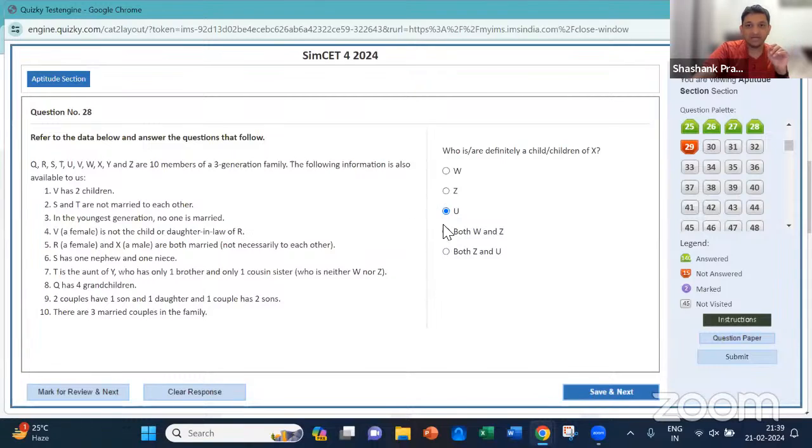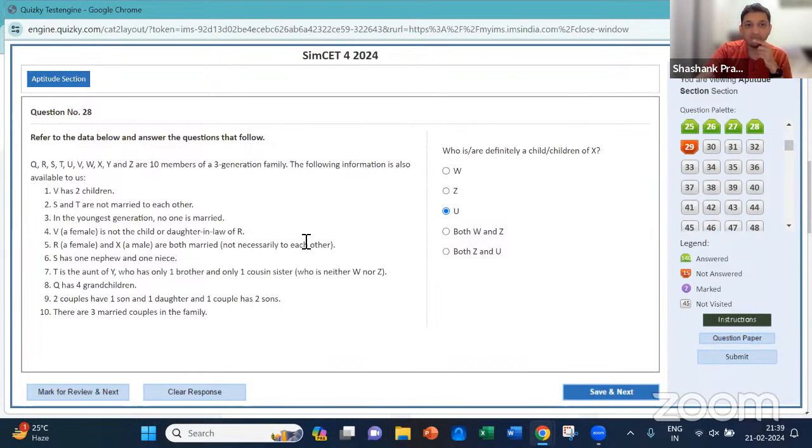I'm not sure. But I'm just doing this because Y has one brother. So Y has a brother and only one cousin sister. Cousin sister is not W or Z. And I'm looking at these data points. I'm saying that U has to be that cousin sister. If T is the aunt of U, then X का child has to be U or X and T are married to each other. If X and T are married to each other, वो भी चलेगा. Even that is not a problem.